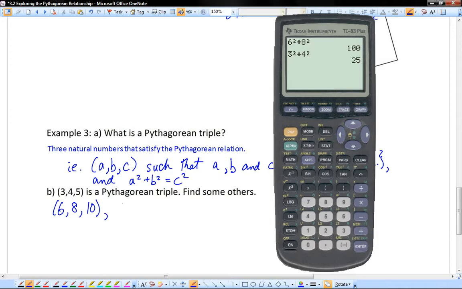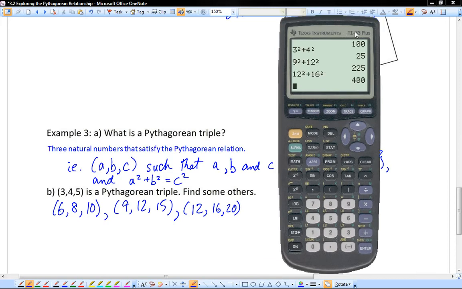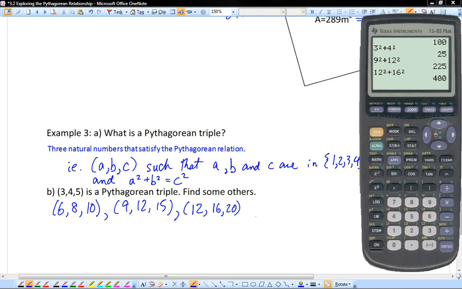Here's some other ones that are useful to know. 9, 12, 15. Okay, 9 squared plus 12 squared is equal to 225, which is 15 squared. All kinds of other ones. Anytime you take 3, 4, 5 and you multiply it by something, like let's say multiply it by 4, 12, 16, 20, 12 squared plus 16 squared is equal to 400, and that is 20 squared.